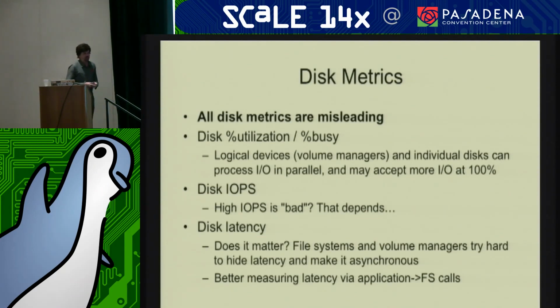Disk IOPS can be misleading. If we're using, say, iostat and looking at it, is high or low bad? It really depends on what you're trying to do. And then disk latency. As people get better at understanding disk performance, they will start using benchmarking tools, looking at latency histograms of disks. But even then, it may not be what you think it is.